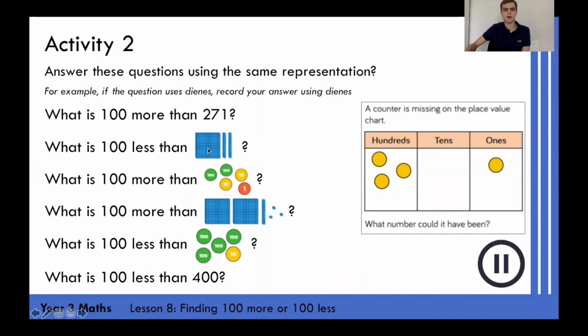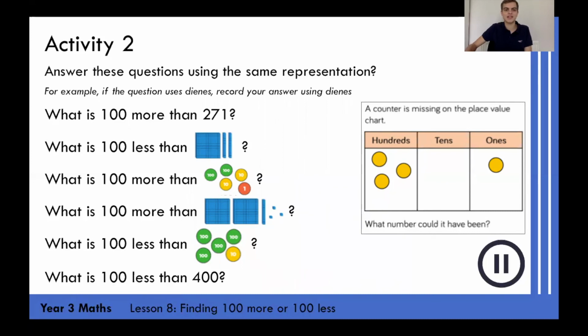And here I can see I've got 1 hundred, 2 tens, no ones. So that number, 1 hundred, 2 tens, no ones, 120. So what is 100 less than 120? So pause the video now, have a look, try and work out what is 100 more and 100 less than all of these numbers. If you have time, have a look at this challenge over here as well.